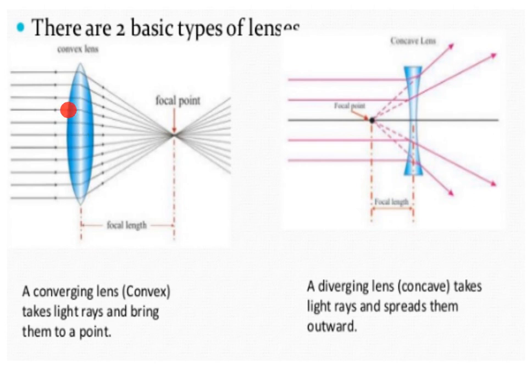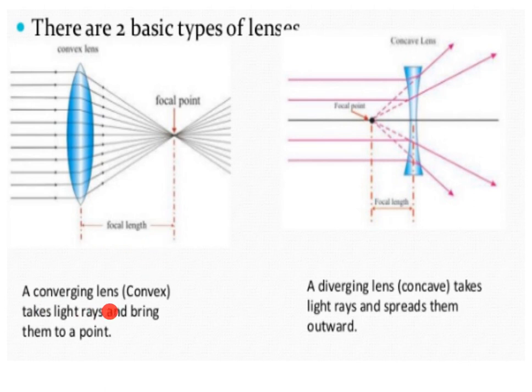So if we consider these parallel beams incident on this convex lens, then we get this focal point, and the distance between the lens and the focal point is called the focal length.